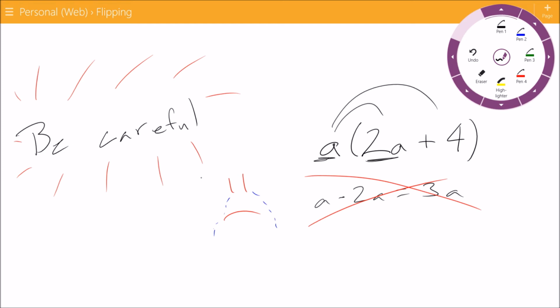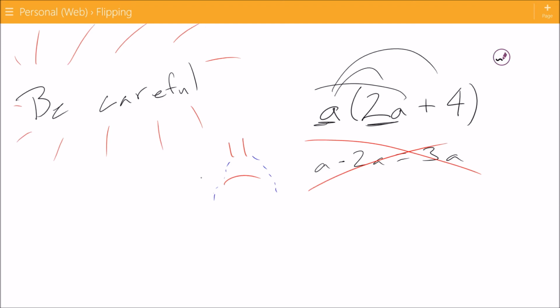If you're adding and subtracting, we can do what we did earlier. But in this case, because we are multiplying, if you have a times 2a, that is actually going to be a times a times a. I'm going to focus on this part. We'll worry about the 2 in a moment.